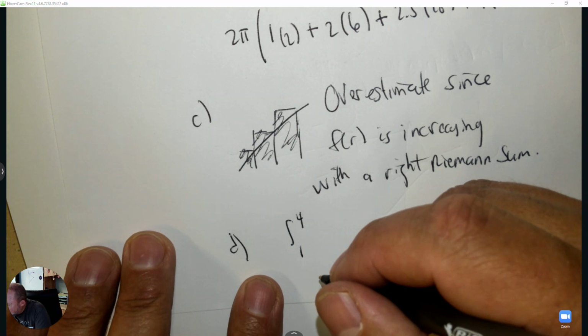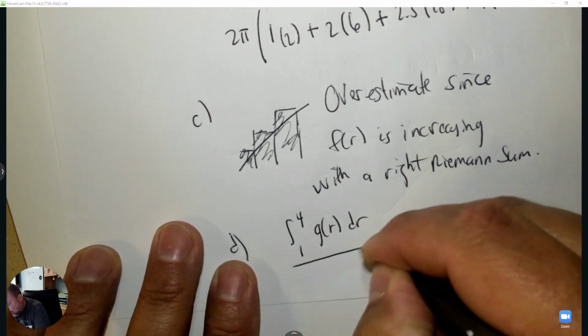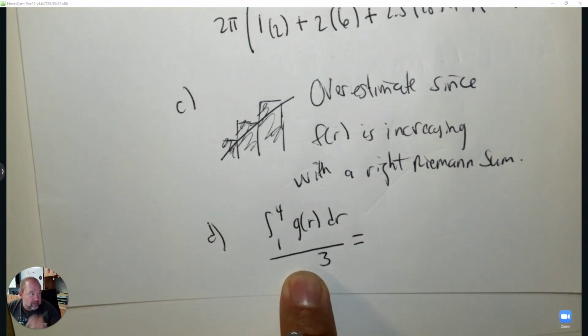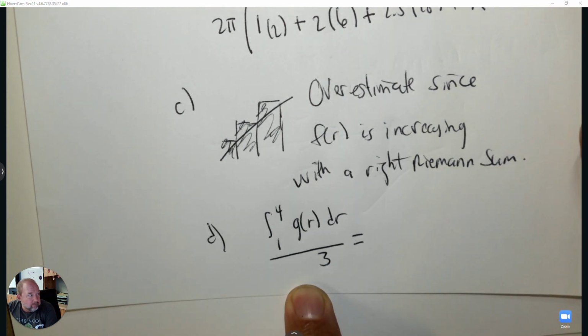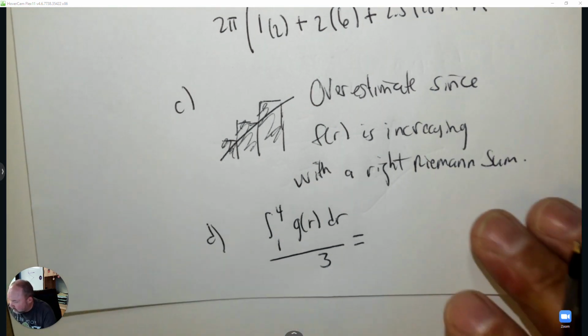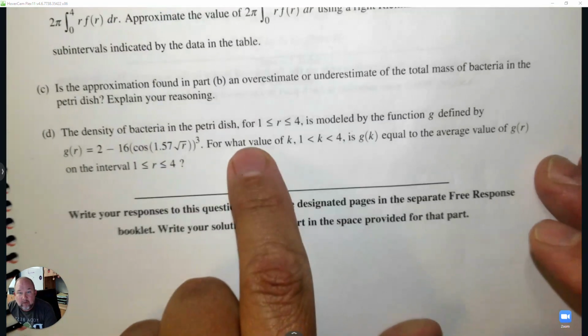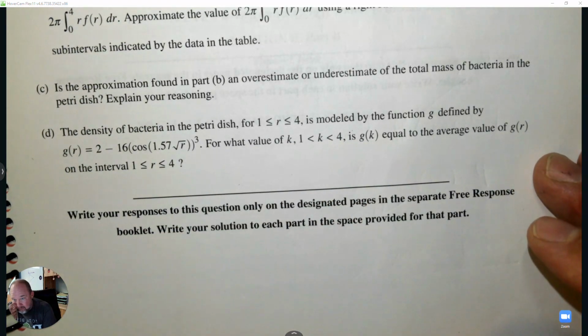So the average value of g of r is this. And we want to know when that average value is equal, for what value of k is g of k equal to the average value.